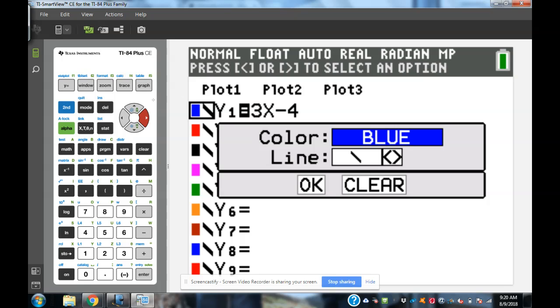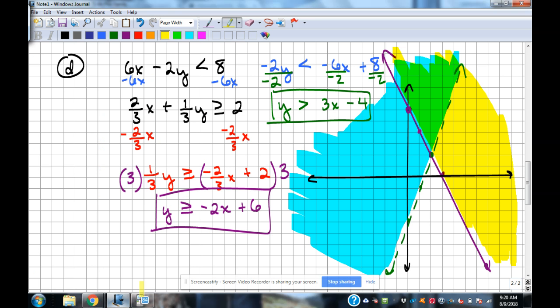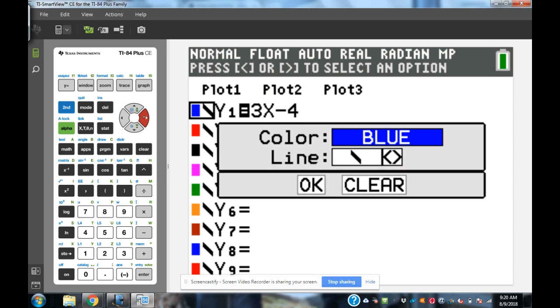What we want is one of the triangles, either the top triangle or the bottom triangle. Okay. If we're shading the first one there, the Y1, is it less than or greater than? Look back. It was greater than. Okay. So that would be the top triangle. Okay.